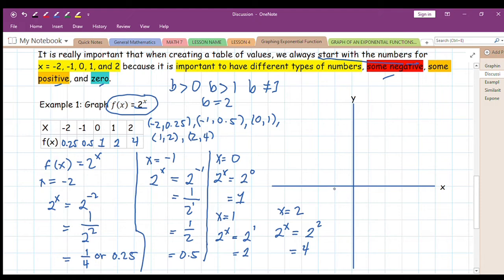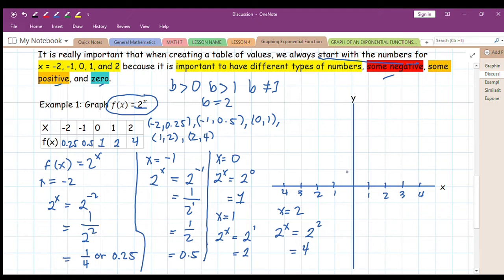So pagkatapos po natin yan, i-graph na po natin sila in our Cartesian plane. So we have this, we have 1, 2, 3, 4, and then 1, 2, 3, 4. Ito pong pinaka-importante sa ating pag-graph.